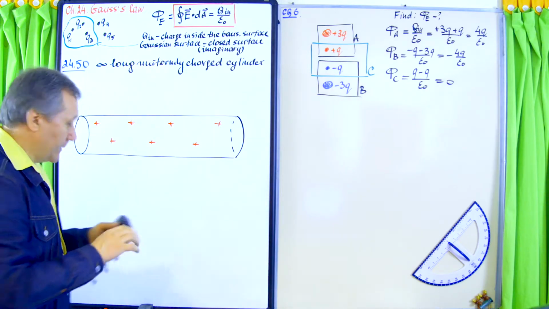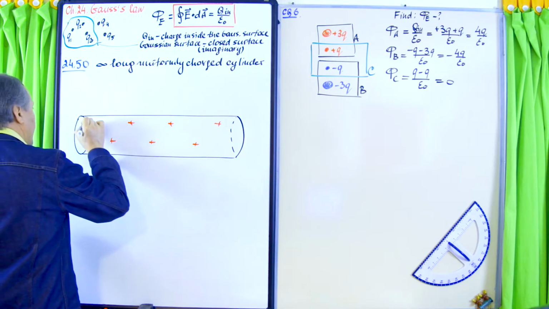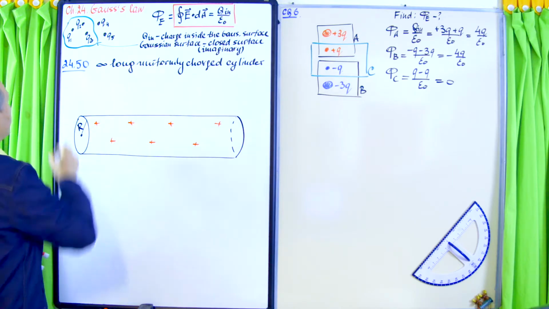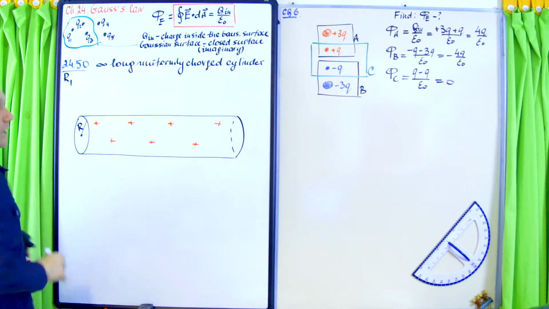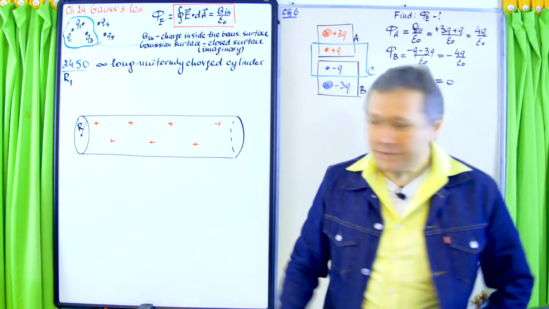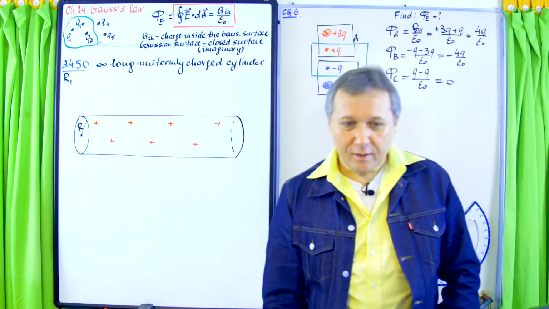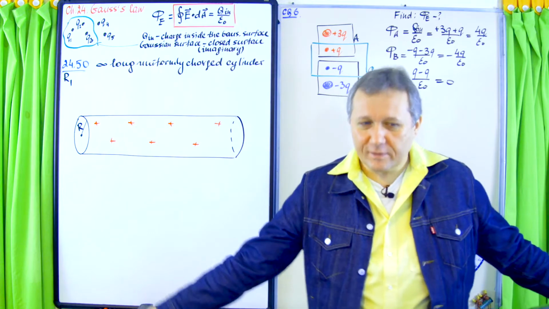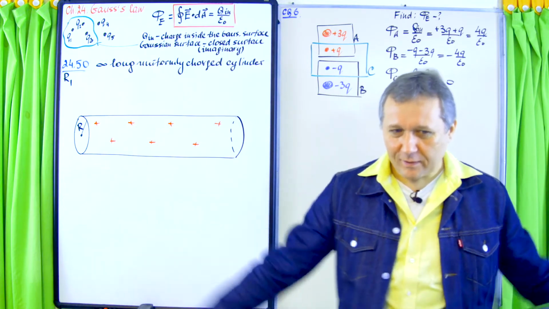Then what is given? A radius, capital R, and volume charge density. Since this cylinder is infinitely long, we cannot talk about the total charge. Of course, in real life, nothing is infinitely long; it has ends.